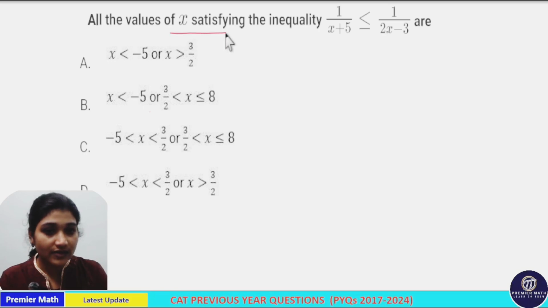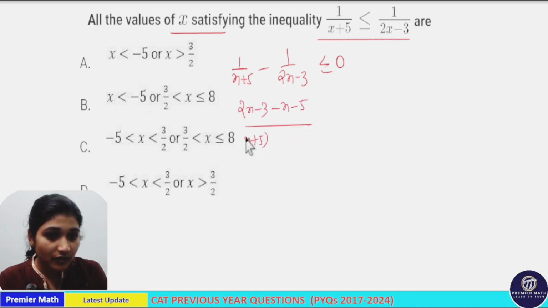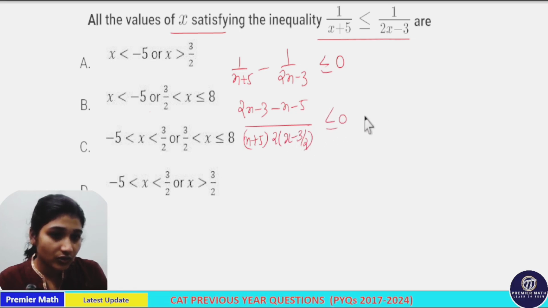All the values of x satisfying the inequality 1 by x plus 5 less than or equal to 1 by 2x minus 3 are? Here 1 by x plus 5 minus 1 by 2x minus 3 less than or equal to 0. Now if you cross multiply, 2x minus 3 minus x minus 5 divided by x plus 5 into, if you take 2 outside, then this will become x minus 3 by 2, less than or equal to 0.